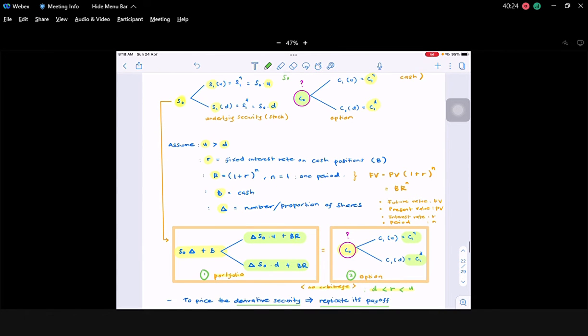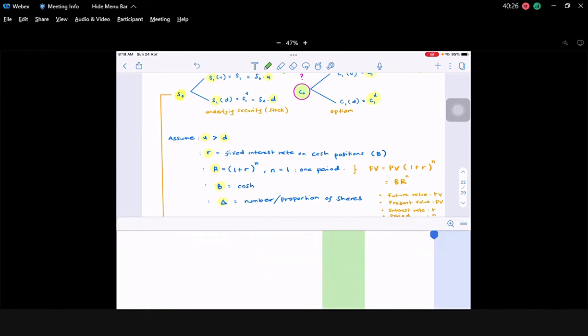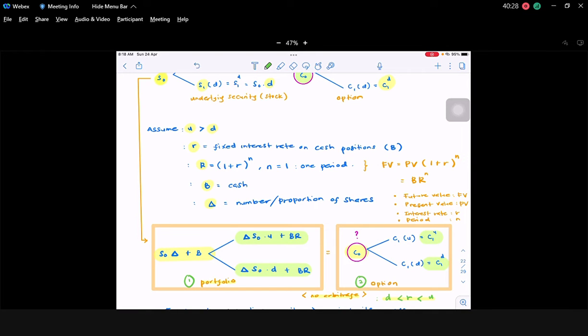Dan of course kita tahu based on the concept of time value of money, future value just equal to present value times 1 plus R to the power of N. Present value ini is given as cash at time 0 and R just refer to 1 plus R. Since in this case we consider just one period, maksudnya just 1 plus R.